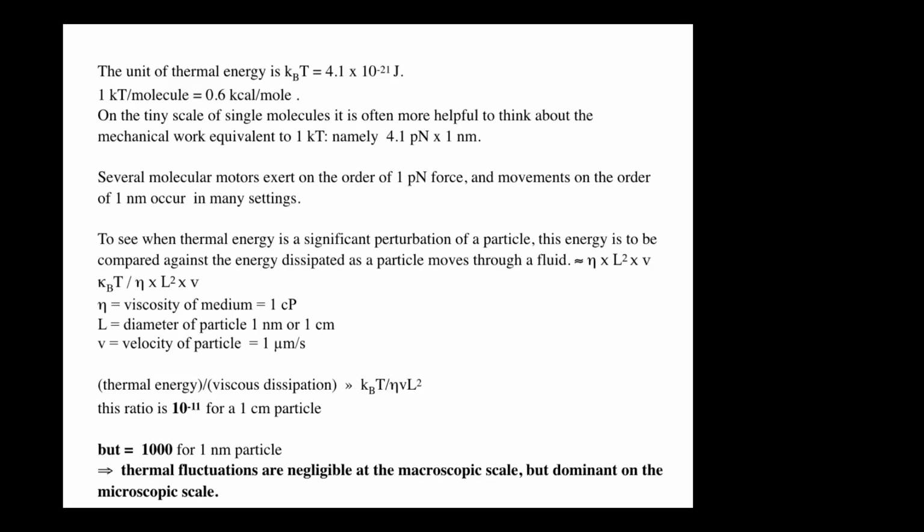So there's nowhere near enough thermal energy to move a 1 centimeter particle through water. That's why we never see things like that jiggling. It's not enough to make something that's a millimeter jiggle through water, but it's way big enough, it's 1,000, if the particle is a nanometer. And it becomes 1 if the particle is micron-ish.